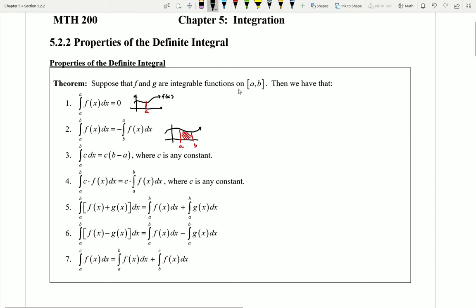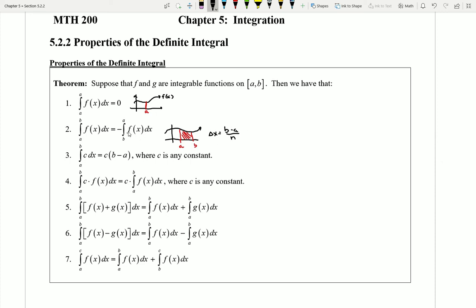Now, the reason for this actually corresponds to our calculations for the widths of our rectangles. Notice that in the first definite integral, I calculate the width of my rectangles by doing b minus a over n, this top bound minus my bottom bound over n. And of course, this is going to generate something positive since b is a larger value than a.